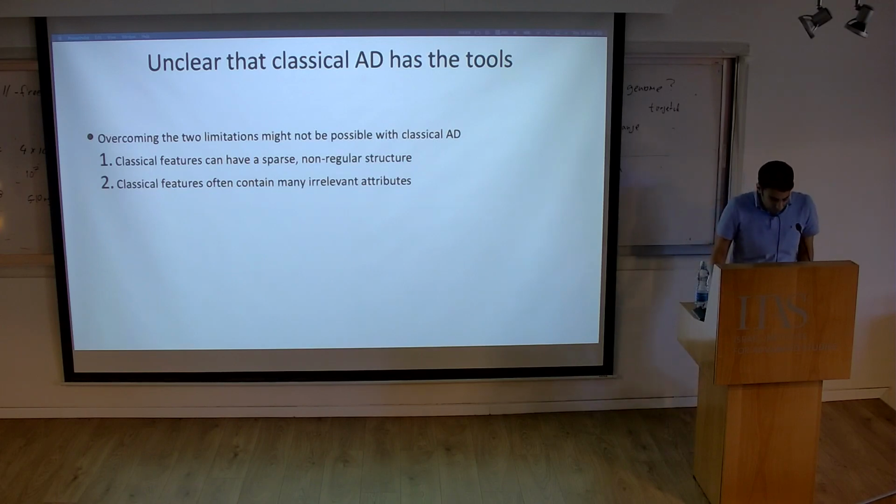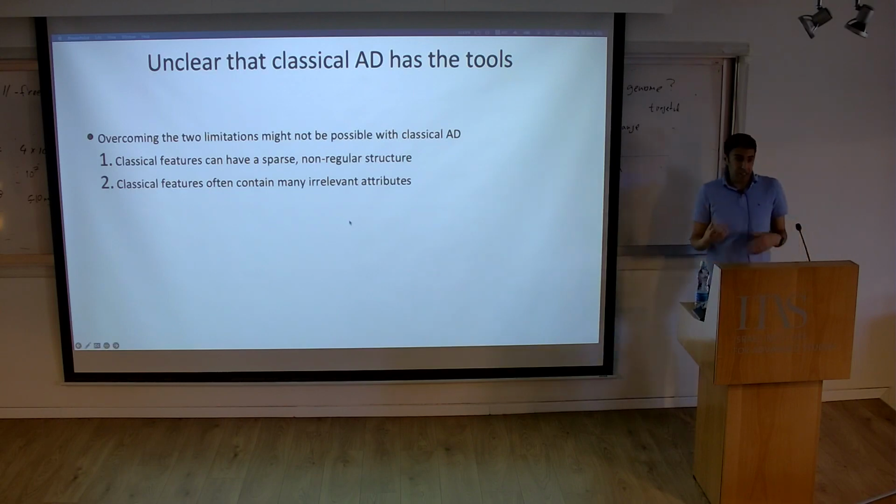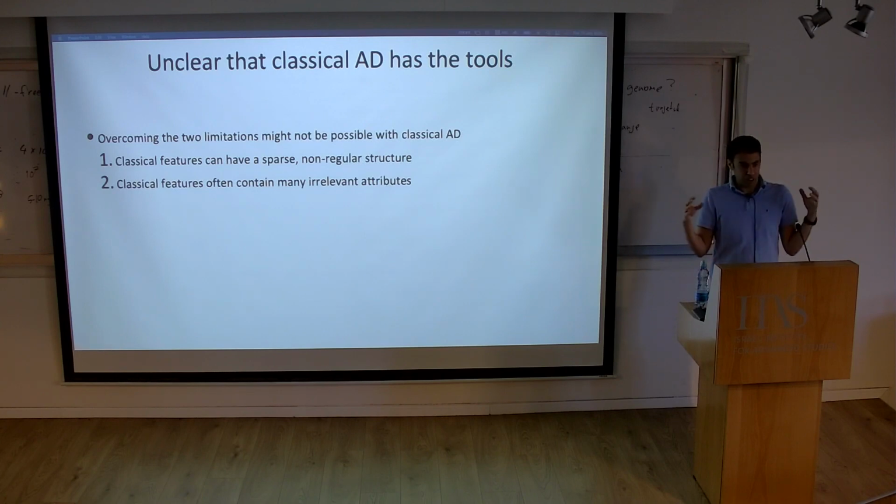And the second challenge is that classical features often contain irrelevant attributes, because in the features we usually collect together a lot of different attributes bundled together, and unless we do really good feature engineering, it's going to contain a lot of irrelevant stuff.